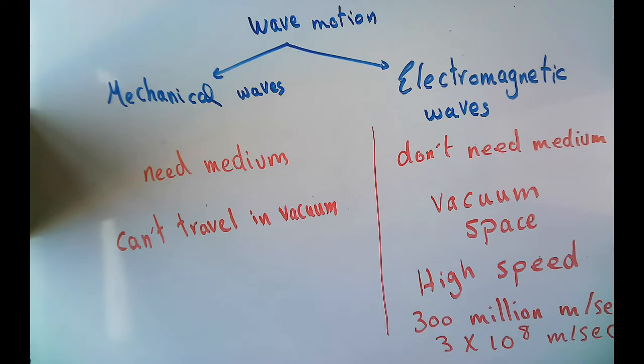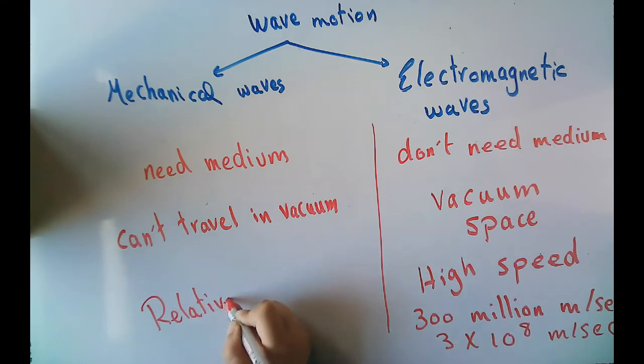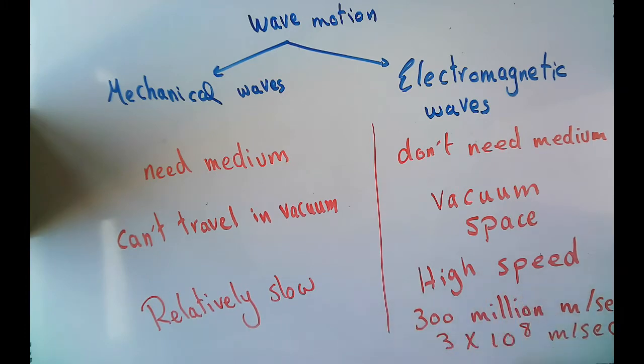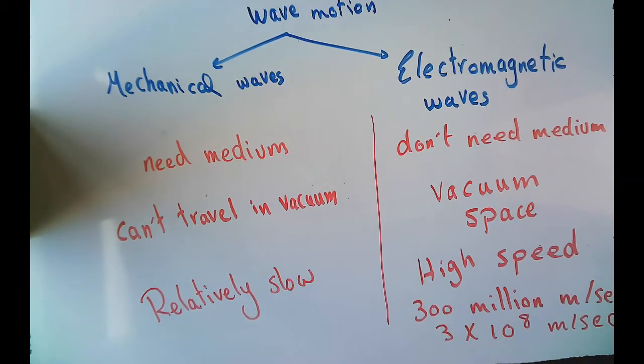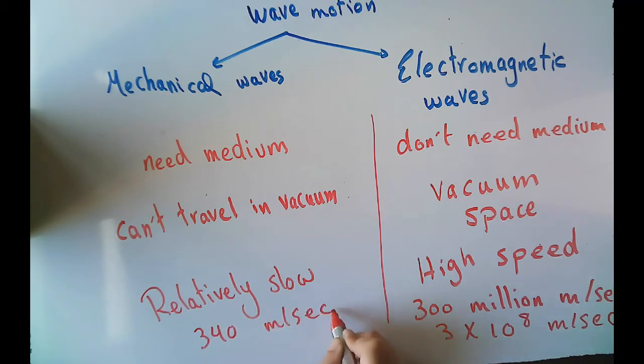But mechanical waves have a relatively slow speed. It's slower than electromagnetic waves. Like the sound waves, their speed reaches only 340 meters per second in the air.